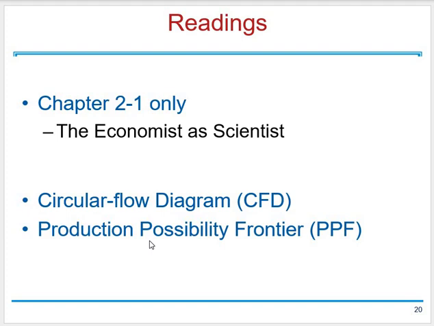And this CFD model will give us a sense of how the economy and markets flow in a cycle. And that's basically a very important model when we're talking about economics. And the second one, the production possibility frontier, or PPF, is very important when we talk about the trade chapter later. Right? So please make sure you read your textbook.